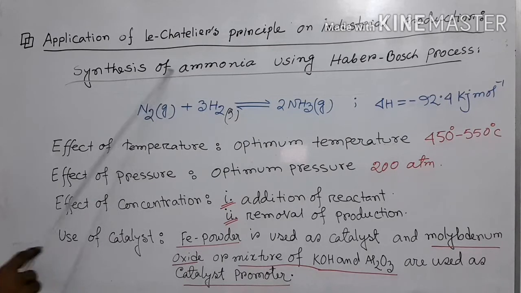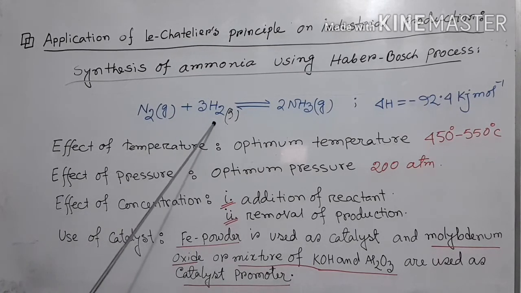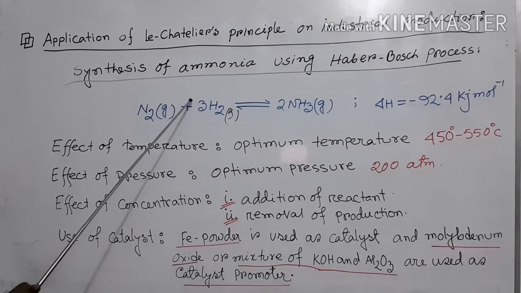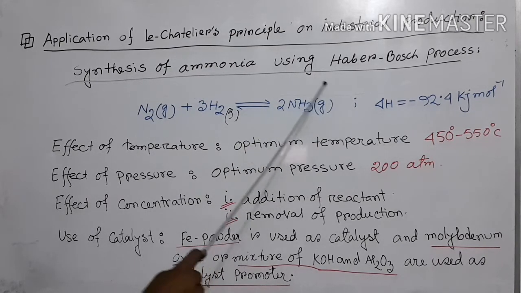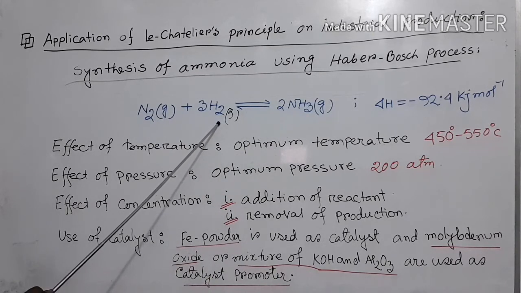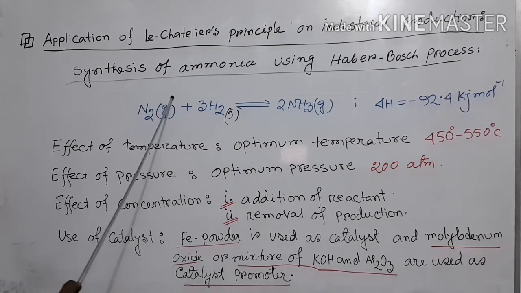For ammonia synthesis, if we add reactant, that means if we add nitrogen or hydrogen at equilibrium, then the reaction goes forward and we get maximum ammonia from this reaction. Or if we remove ammonia from the equilibrium, then the reaction moves forward and we get more and more ammonia.